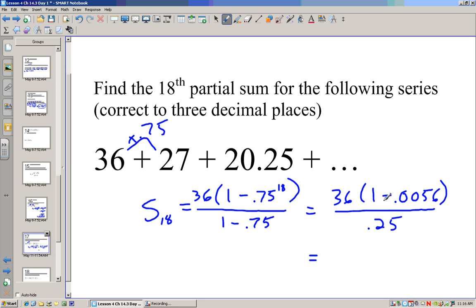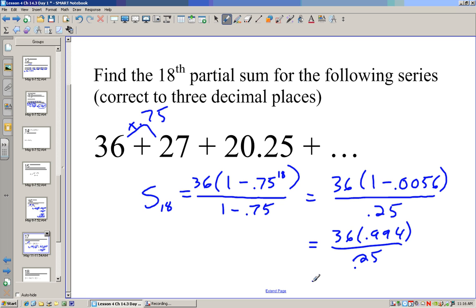One minus that answer almost doesn't do anything because we're multiplying 36 by 0.994. So I'm going to multiply that times 36, then divide by 0.25. And my answer is 143.188. That's the sum of the first 18 terms.